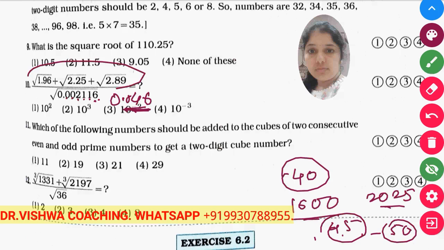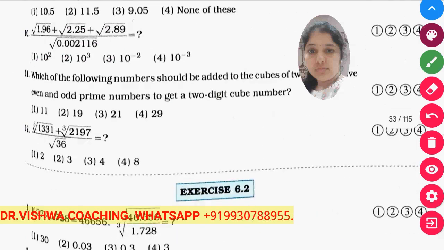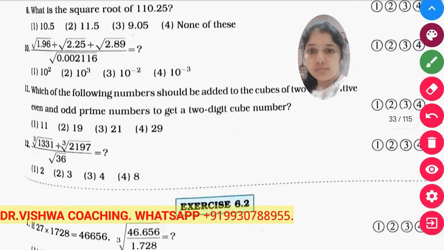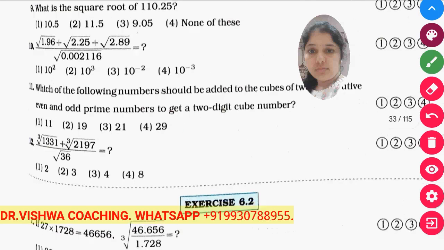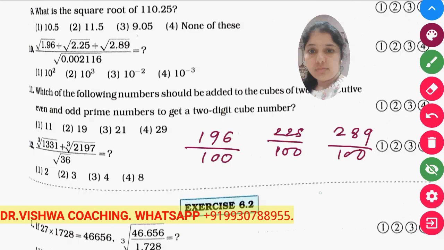And here you add all of them and then you divide. You will get your answer. Or what you can do here is, you just have to do one thing. 196 upon 100, 225 upon 100 and 289 upon 100.